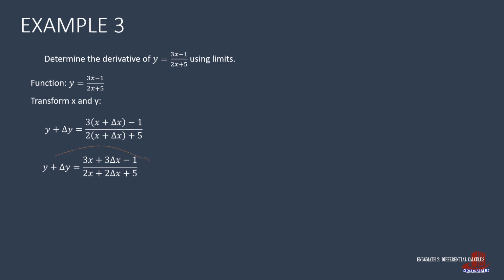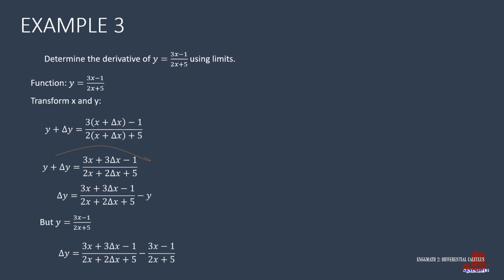Now transpose y to the other side of the equation, and plug in 3x minus 1 over 2x plus 5 as y, to make the function delta y is equal to 3x plus 3 delta x minus 1 over 2x plus twice of delta x plus 5, then subtract y, which is 3x minus 1 over 2x plus 5.